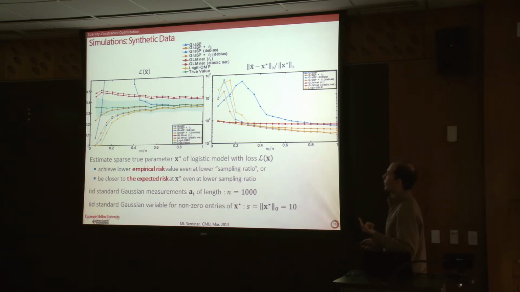One is to compare them in terms of achieving a lower value of the objective function, or we want to see if they get close to the expected risk rather than the empirical risk at the true parameter.